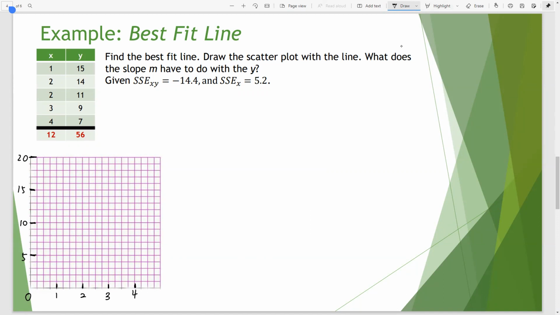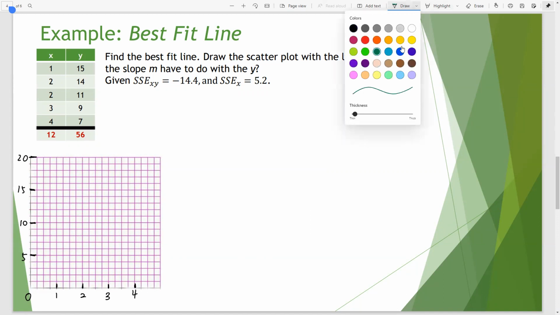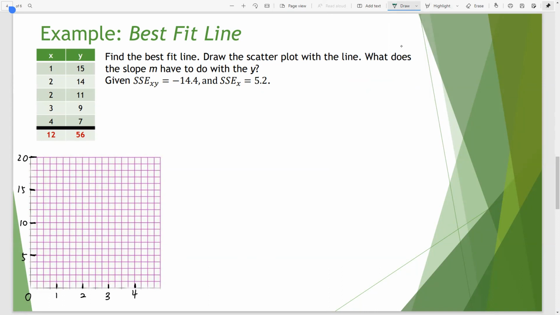Okay, so scatter plot. Let's have it in blue. Where x is 1, y is 15, that's this point. Where x is 2, y is 14, that's our second point. The third point also has x as 2, but y is 11.